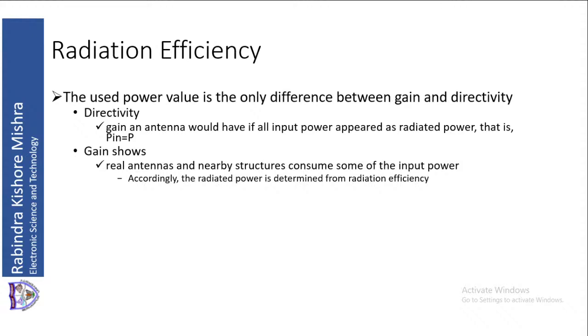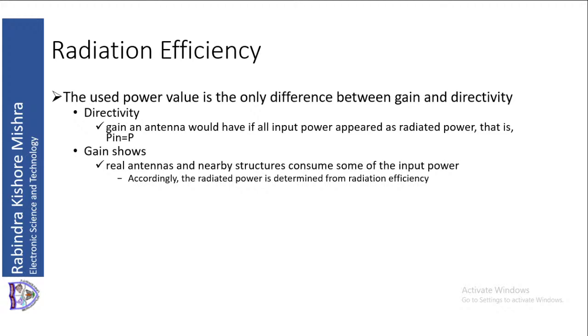Input power means power input to the antenna, and P is the power radiated by the antenna. Suppose you give 10 watts as input to the antenna, and the antenna radiates 10 watts in all directions or in its preferred direction, so the power coming out of the antenna is 10 watts.